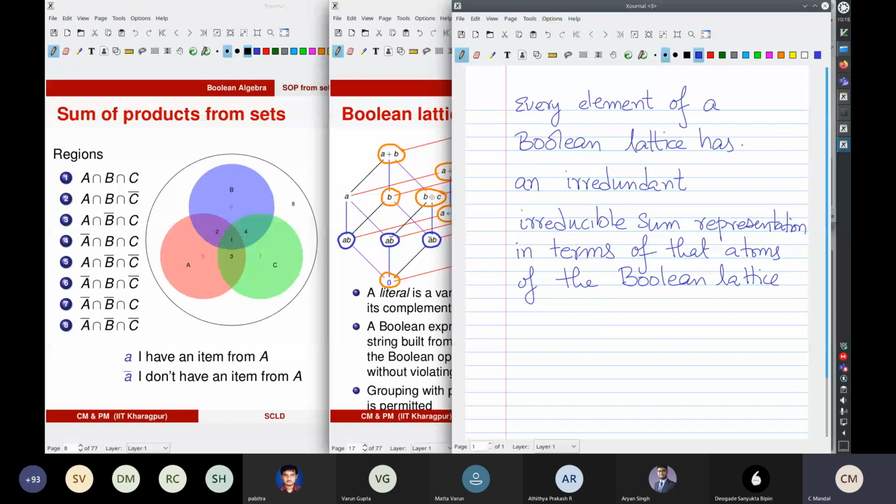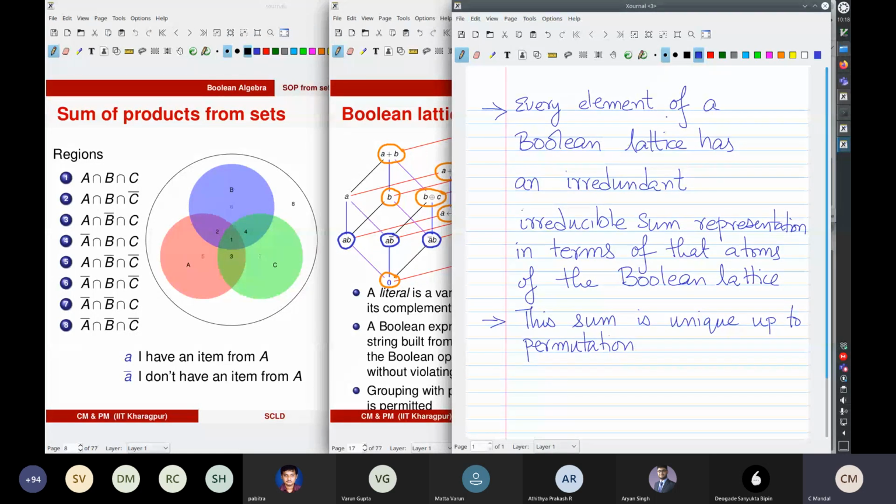That is one thing, and the other thing is that this sum is unique up to permutation.